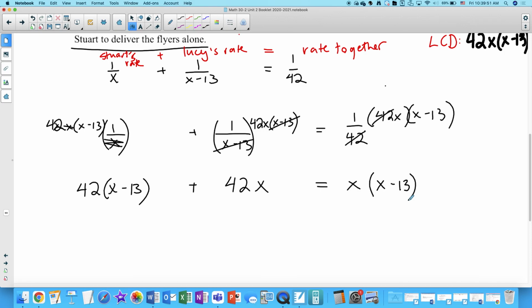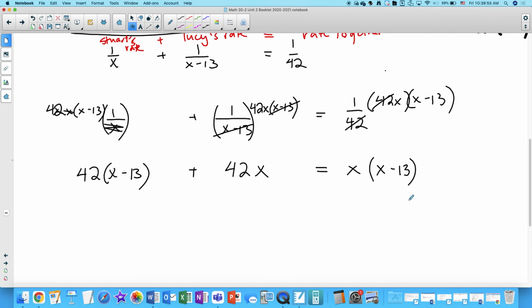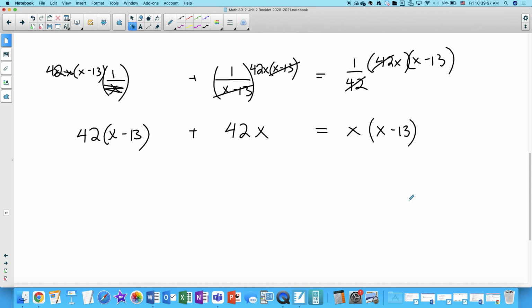Okay? All right, what do we do now? Yeah, so we got to expand everything, right? Because this is going to be either a quadratic or a linear equation, and now we have to solve that. So if I expand here, I'm going to get 42x minus, what is this, 500 and something? 546, thank you.